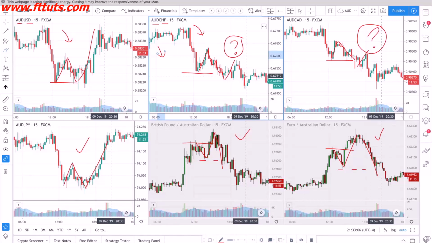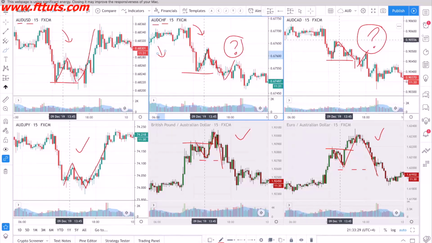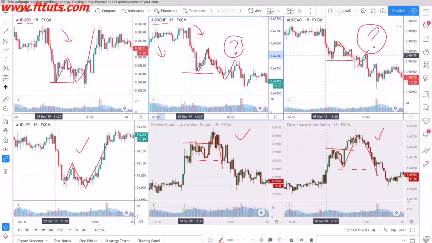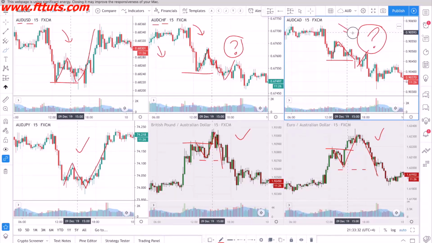So when you go through the digestion process and you see subtle clues like this, wait, one of them made a higher high, the other one didn't, it means something. And what it means you need to figure out based on, is it the majority doing that? Is it only the one pair doing that? Once you get to see all that, you're going to be like, why? Like for example on Aussie CAD, why is this one not going higher high while everybody else might have gone?